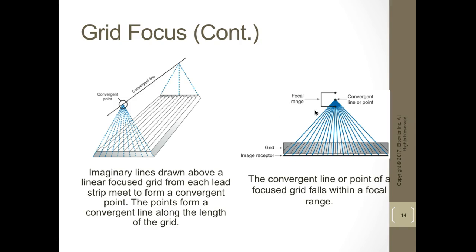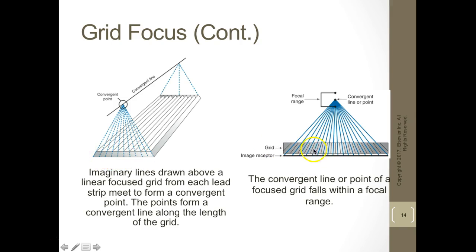This is the convergent line and the convergent point. This is a linear focus grid, which means that each lead strip is angled for the distance of the convergent line. So if this is 40 inches, it knows that the photons are going to come out at the exact angles, and the lead strips are angled to match what the photons are going to be coming out.